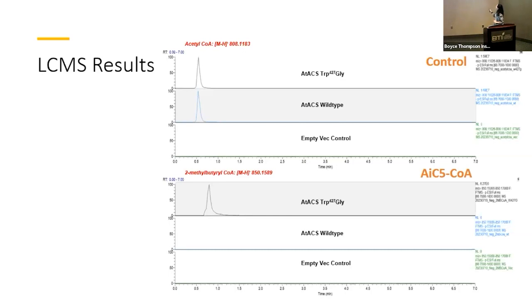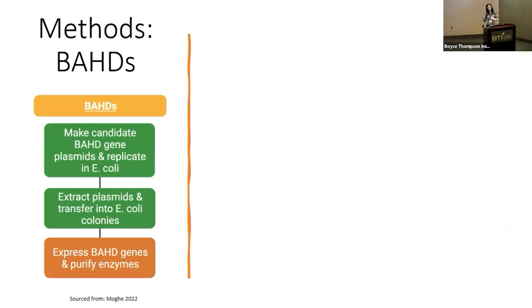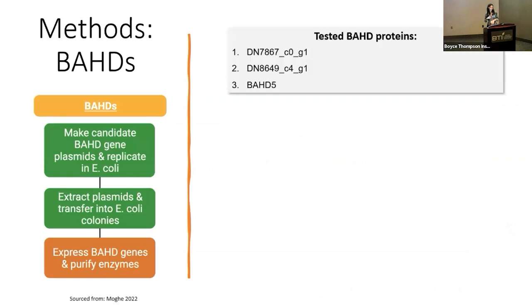But down here in 2-methylbutyryl-CoA, which is our mutant, we can see that it's only present in this one and on the wild type. Now, what does that mean? It means we actually did need to make a triple mutant, which was great because that was really a struggle. So now we have our acyl donor. Now we're moving on to BAHDs. So a lot of this was already done before I came, so I really focused on expressing and purifying these enzymes.